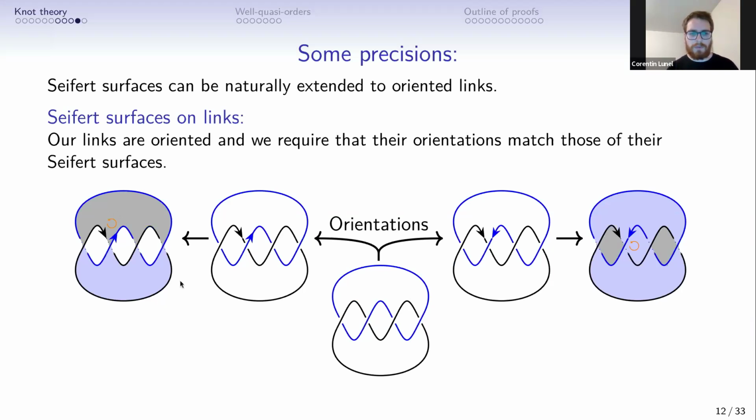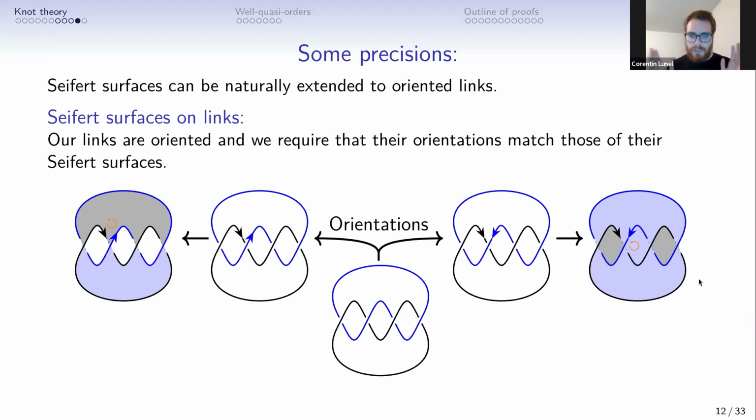So here it's a torus with two boundary components, which is a minimal Seifert surface for this oriented link, and it has genus 1. But here I'm showing you an annulus that is twisted 4 times, and so it is a ribbon, so it has genus 0.